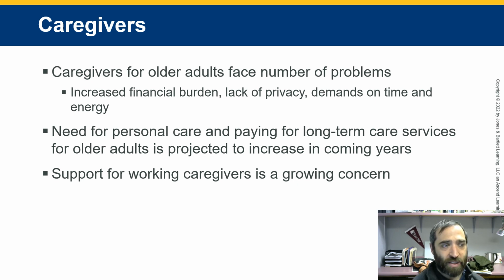So in the past, we died much more of acute illnesses. Someone would get sick and then they would die maybe a couple of weeks later. Whereas today, we are really good at keeping people alive, and so people may be needing care for a decade, whereas maybe in the past it would have just been a few weeks or months or even a few years. So today there are a lot fewer children who are caring for a lot more elderly people, and so there's a real concern as to who is going to care for these people.